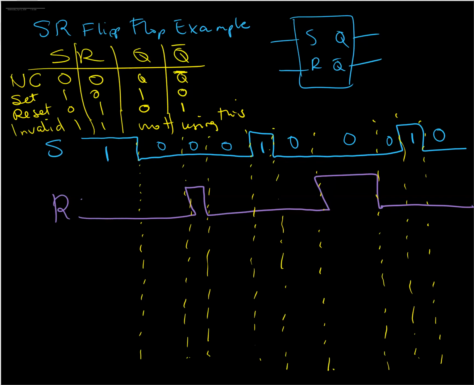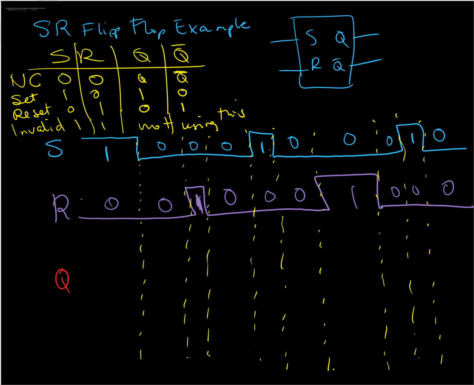For R, R is low, then high, that's a 1, low, high, low. Okay, so just saying that for each of these states. Now what we want to do here is draw the output. And because we know Q and Q bar are going to be opposite to each other, I can get away with just drawing Q for this example.